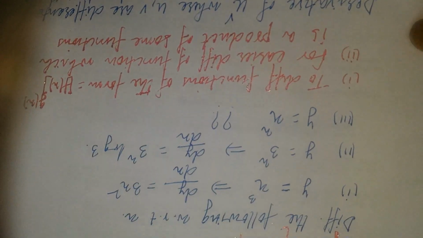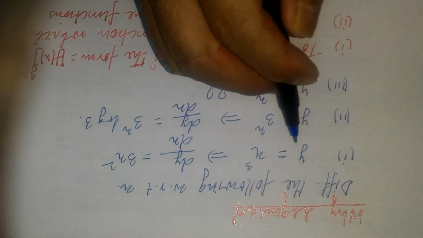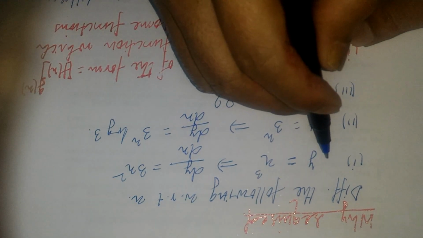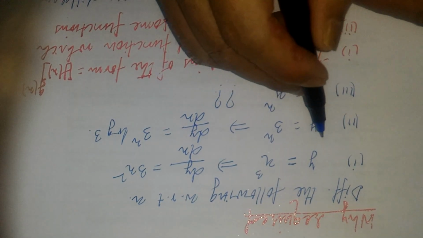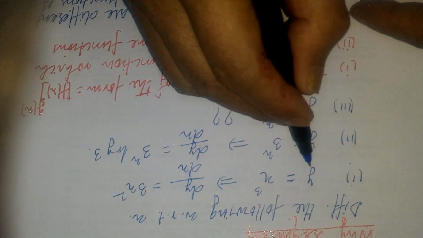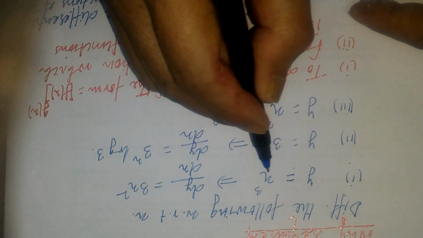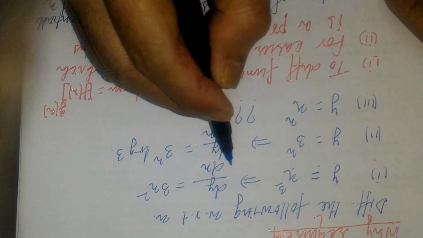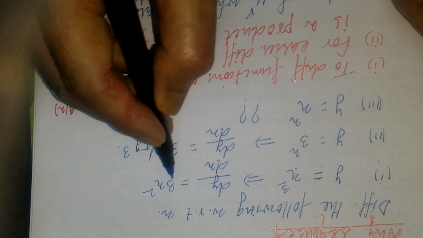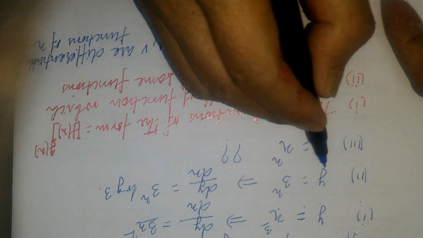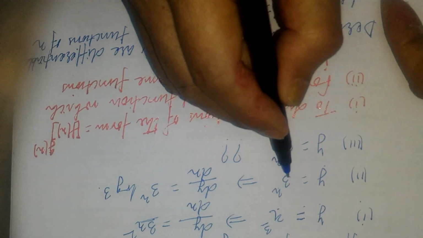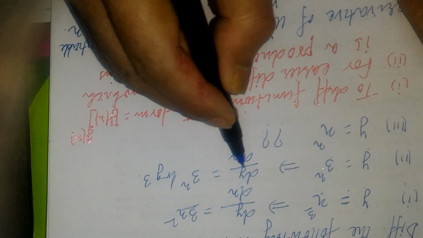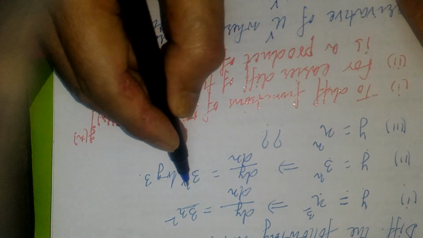Now why do we require logarithmic differentiation? We will discuss this with the following examples. We have y is equal to x cube, a function to the power of some constant. We know how to find the derivative. We can write dy by dx is 3x square. Now if you have y is equal to 3 to the power x, constant to the power variable, that also we know: the derivative dy by dx is 3 to the power x log of 3.